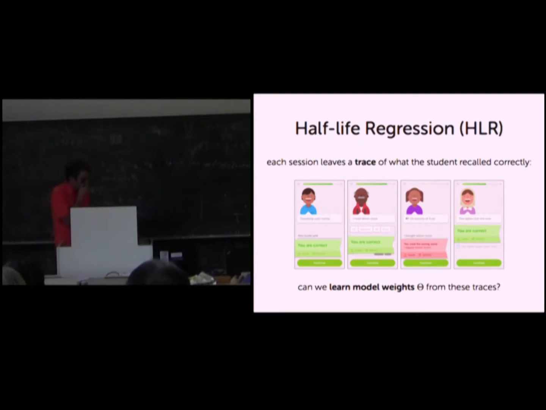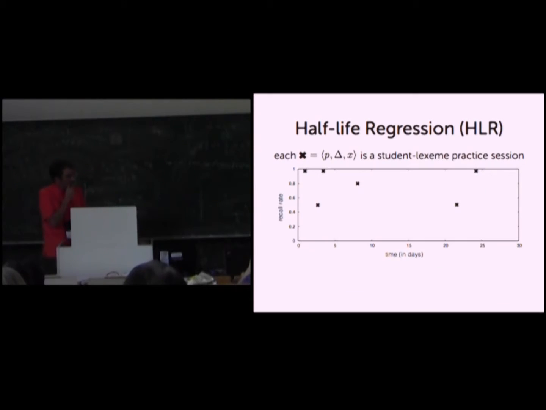What they wanted to do is to learn model weights from the large history of people interacting with Duolingo and either remembering or forgetting things that they're supposed to learn. Over time, Duolingo has had a lot of people interacting with the system, and they're able to calculate per session what is the probability that someone remembers, say, the word alcha.